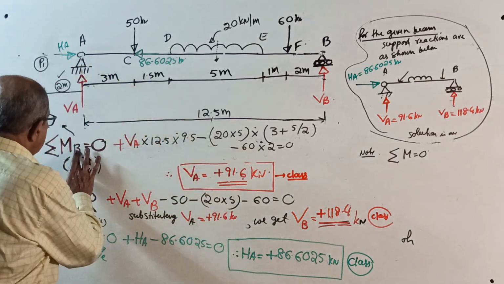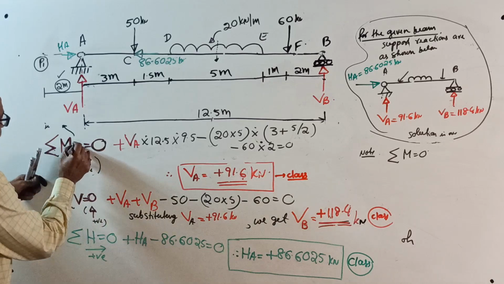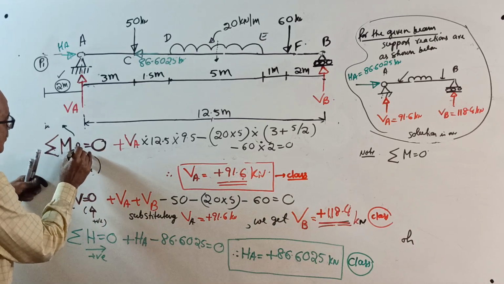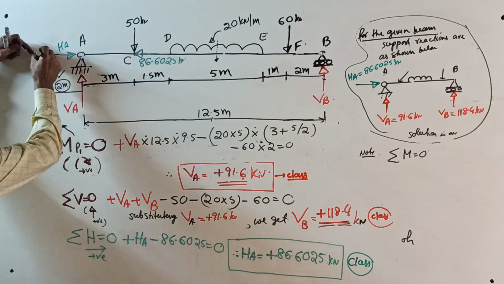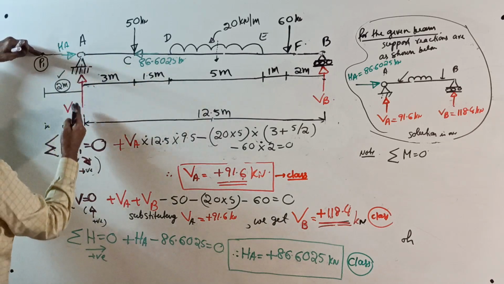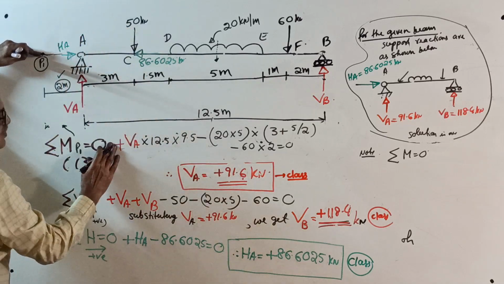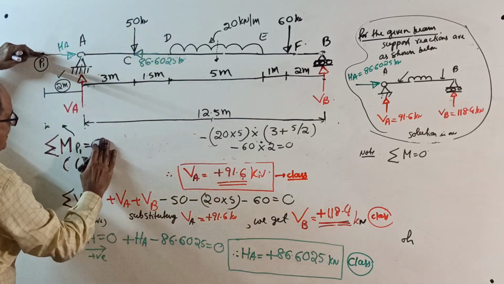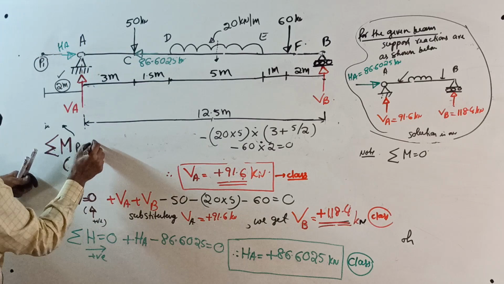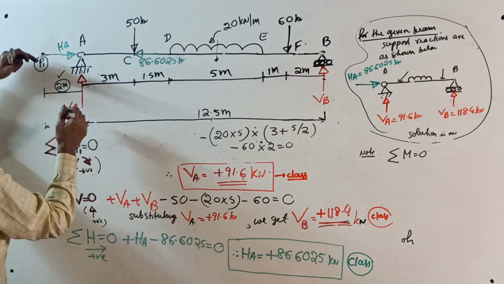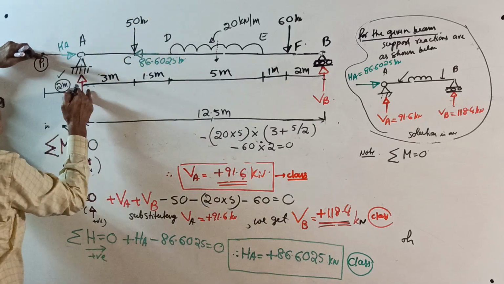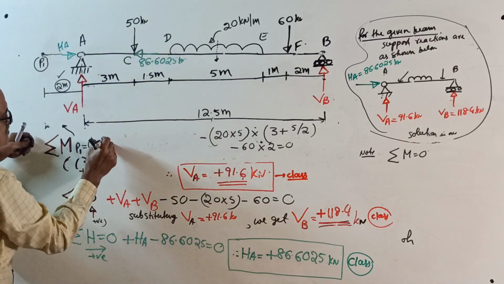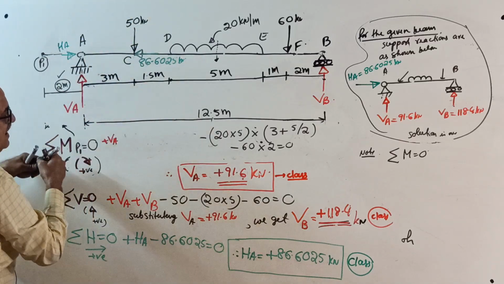Now, sigma M about P1 equal to 0. When you take moment about P1, see here, VA also will come, be careful. Clockwise positive. You get VA into 2.